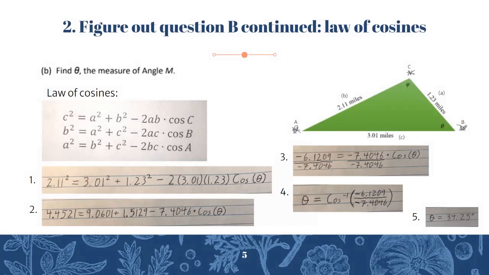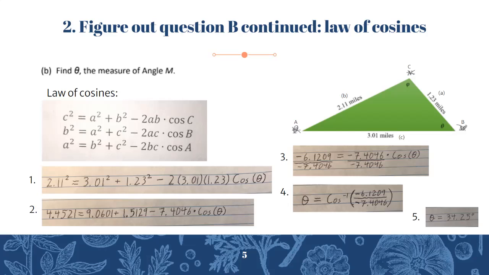We are just plugging in the numbers to the corresponding values of these templates that have been shown for us. And to start off the equation, we get 2.11 squared equals 3.01 squared plus 2.23 squared minus 2 times 3.01 times 1.23 times cos of theta.